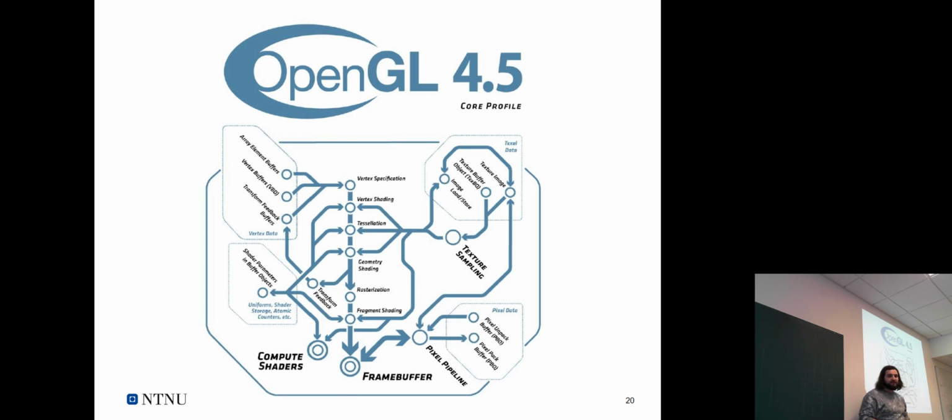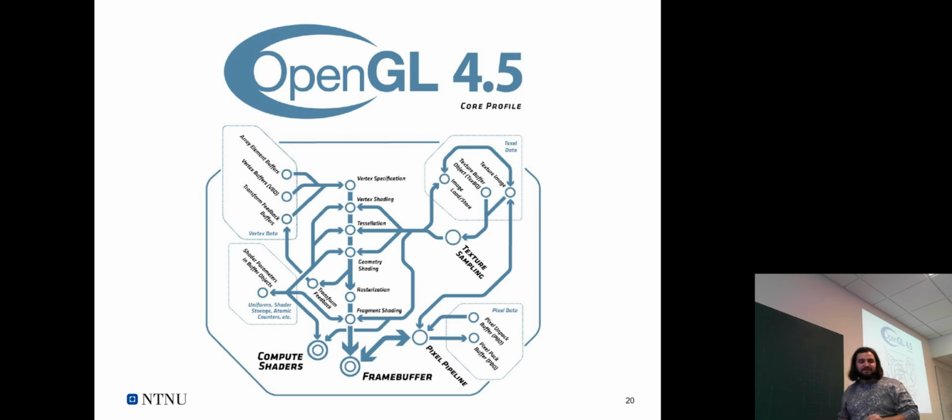But there are several important points to mention. First of all, I'm sorry, geometry shading, as you see here, gives us transform feedback that is then returned in the buffer.